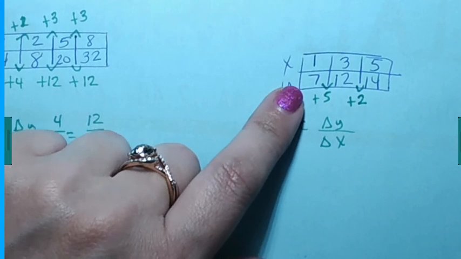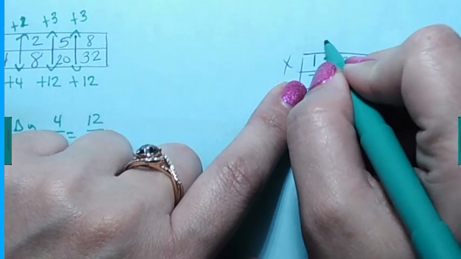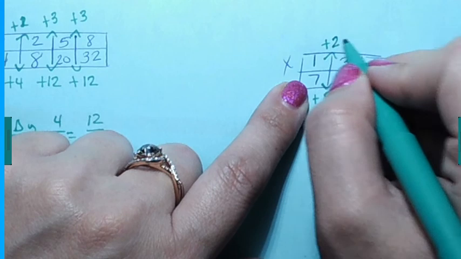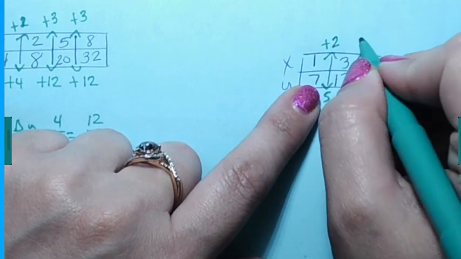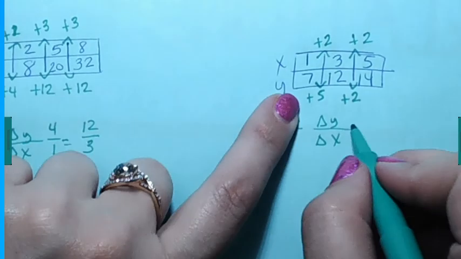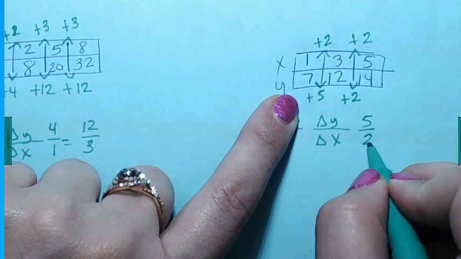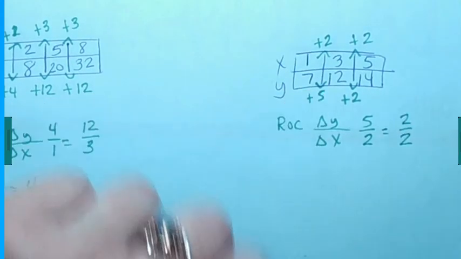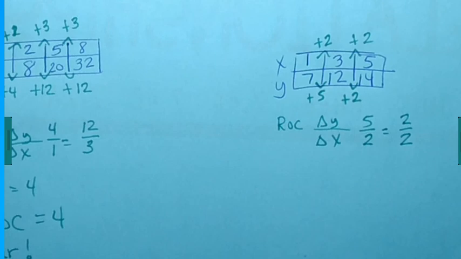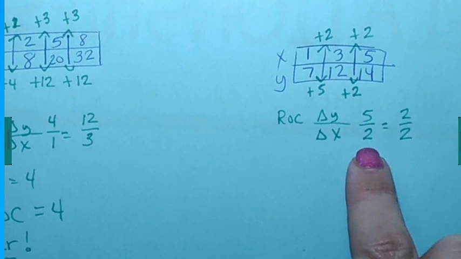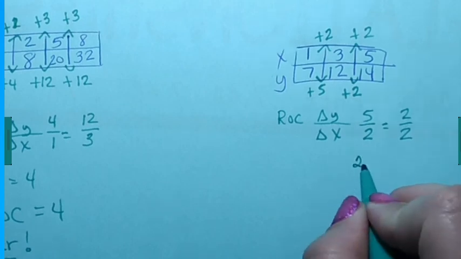Good. All right, on the top, from 1 to 3, plus 2. And from 3 to 5, plus 2. So now I put my y, which is 5, over 2 equals 2 over 2. Is that a true statement? What do I get when I divide 5 by 2? 2.5.